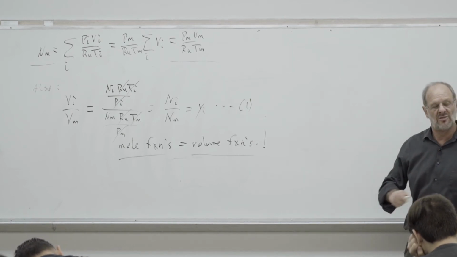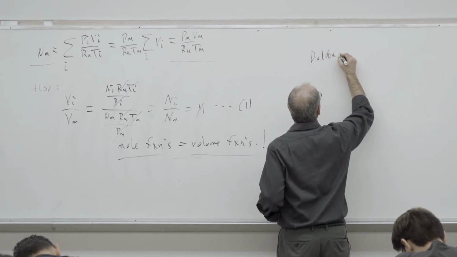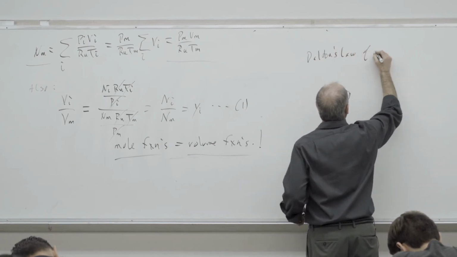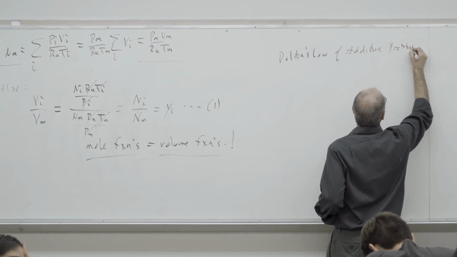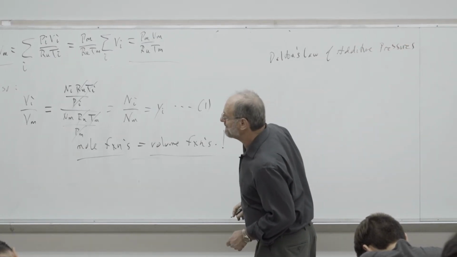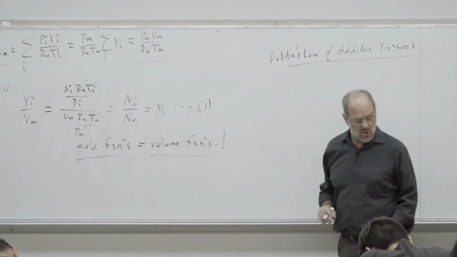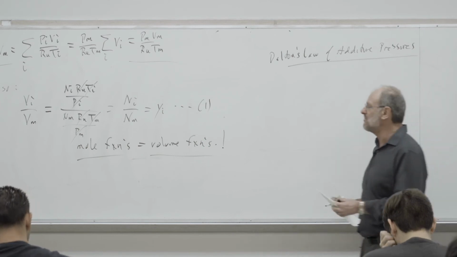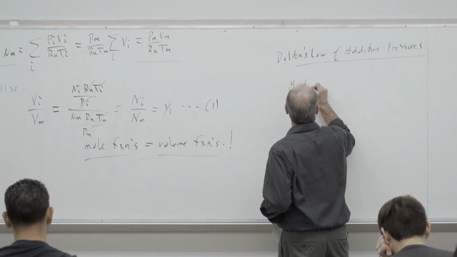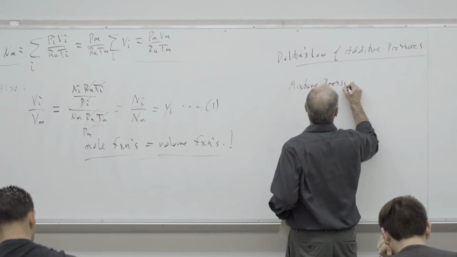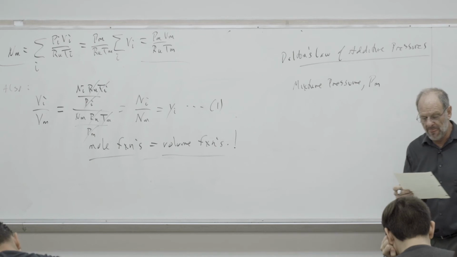Nonetheless, this is one of the laws associated with ideal gas mixtures. The next one is called Dalton's law, and it's actually similar. This is called Dalton's law of additive pressures. Right? So here what we're going to do is something similar. First of all, we're just going to identify something called the mixture pressure, or Pm if you will.